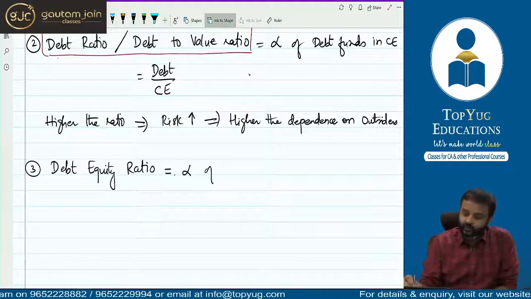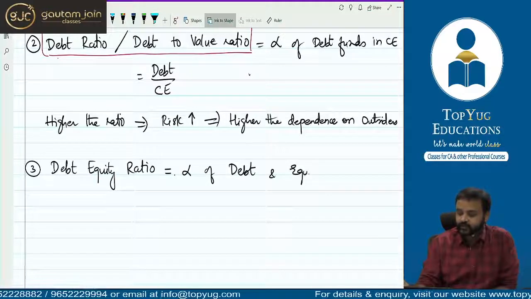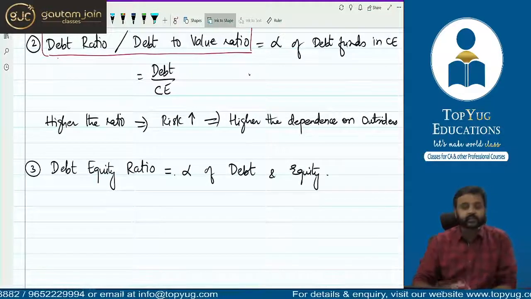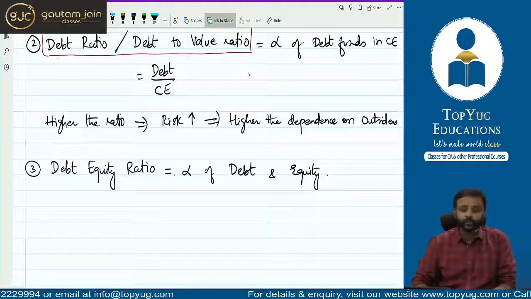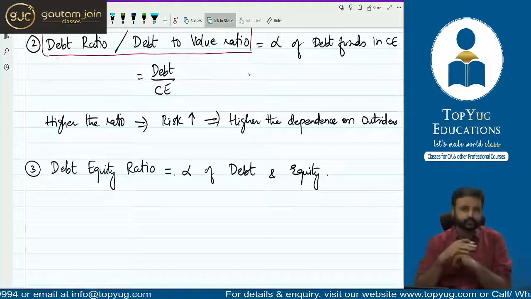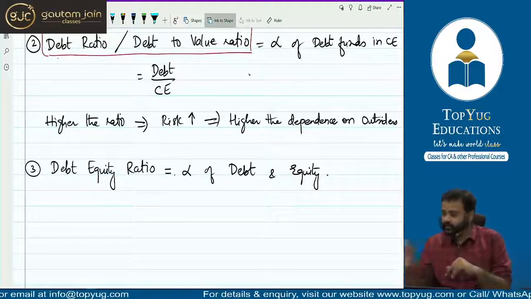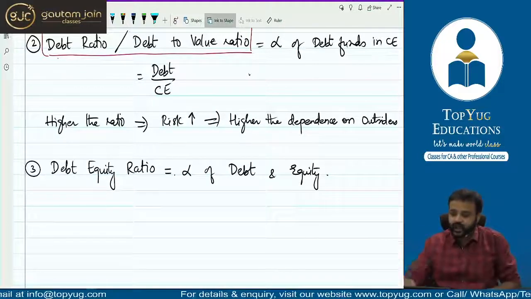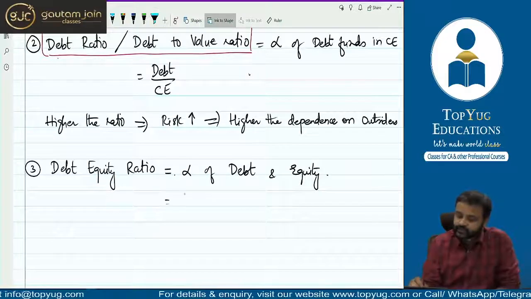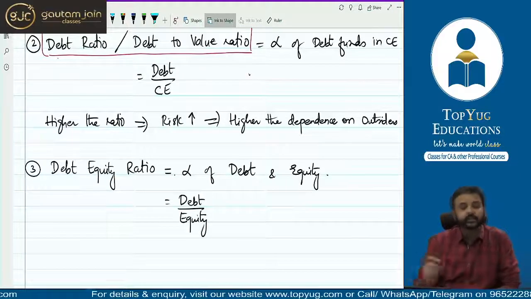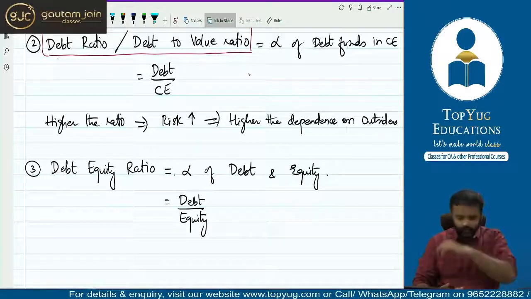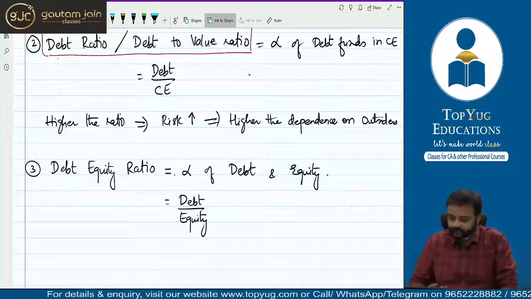Obviously this is the proportion of debt and equity, comparing not just debt with total capital employed or equity with total capital employed, but debt with equity. All of us know this, right? How do we calculate this? This is calculated by way of debt divided by equity. That means debt and the owner's funds are being compared here.